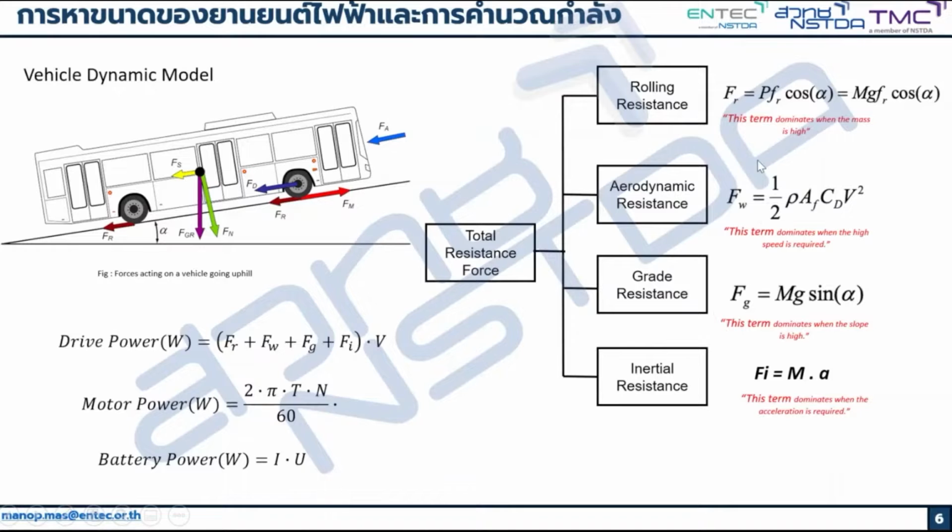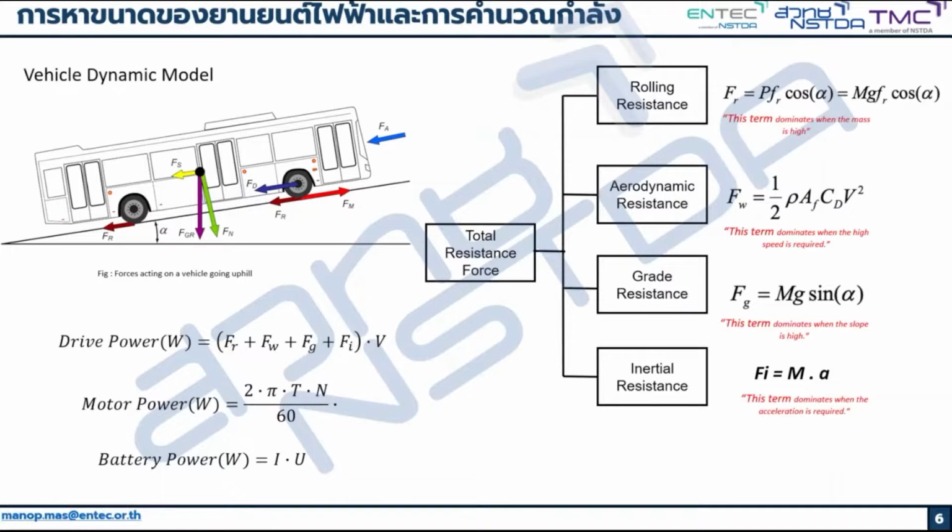Let's say if the grade resistance and rolling resistance are pretty high. If it's high speed, the aerodynamic resistance is high as well. This term dominates when acceleration is required.